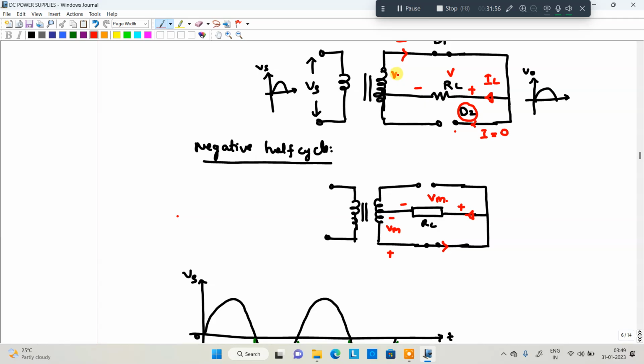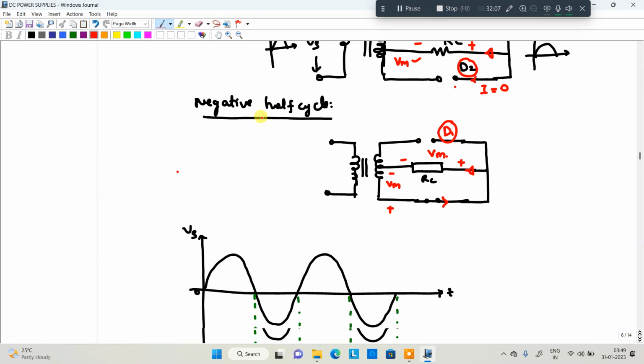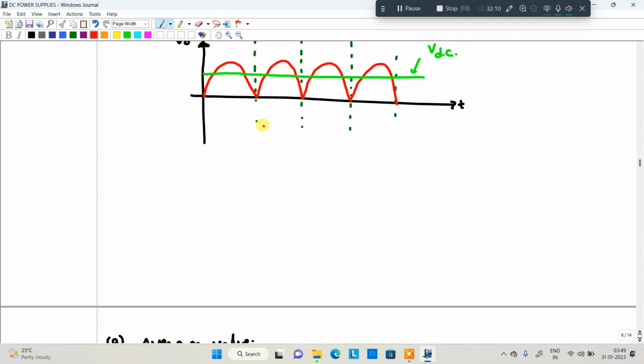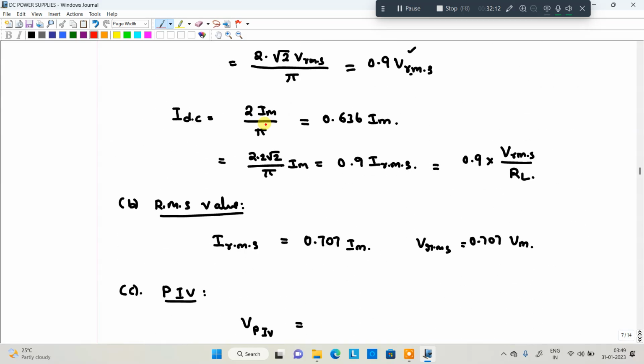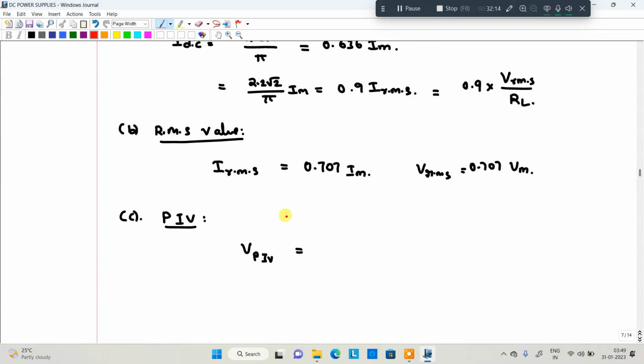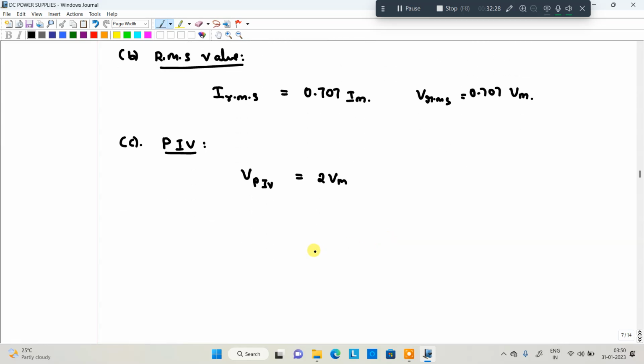Here Vm as well as here Vm is present. When the diode is reverse biased, the open circuit voltage is Vm plus Vm, so 2 Vm is present. That is the case for the bridge rectifier. It is a speciality. 2 Vm, 2 times the peak inverse voltage, because we are using a center tapped transformer, that's why you got that. So finally the peak inverse voltage is equal to 2 Vm.